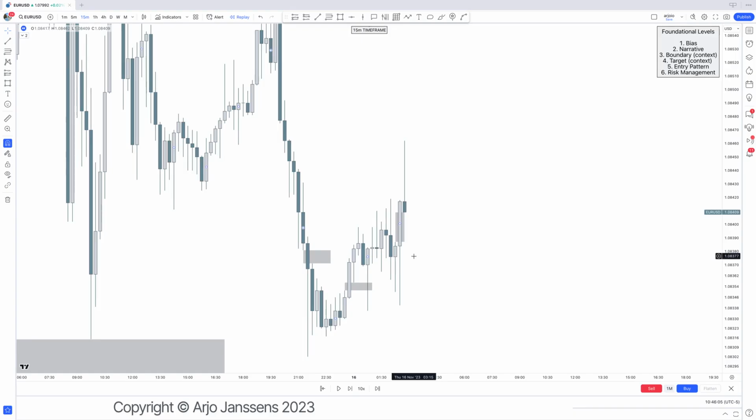Because eventually you will also see me that I sometimes enter off the float, off the odd, sometimes I enter off of this. And that is because the experience has taken over. So eventually that can take over. But first we need to have guidelines. If we don't have guidelines, we will get lost in the lower time frame and we will get lost in price action. So we first need to have those guidelines once we have enough experience.